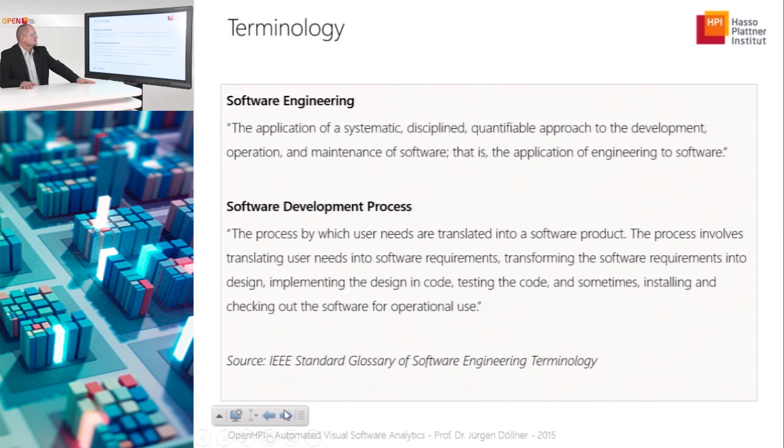That is the application of engineering to software. The software development process, also a key term, denotes the process by which user needs are translated into a software product. The process involves translating user needs into software requirements, transforming the software requirements into design, implementing the design in code, testing the code, and sometimes installing and checking out the software for operational use.